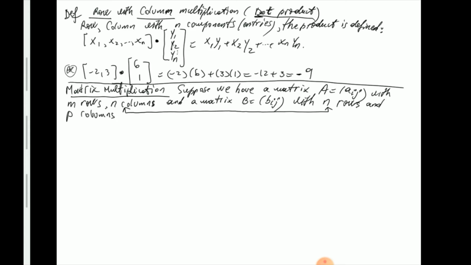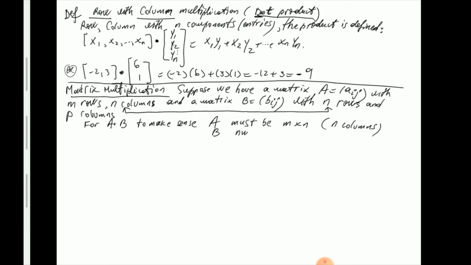So basically for A times B to make sense, A must be m by n, that is n columns, and it doesn't matter the number of rows.